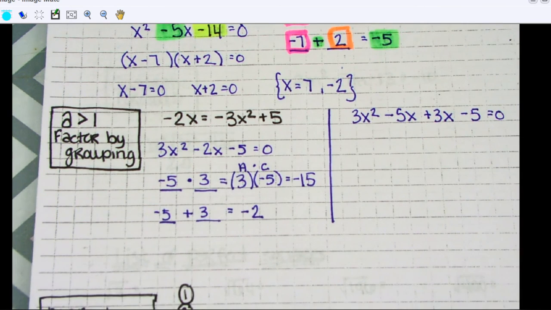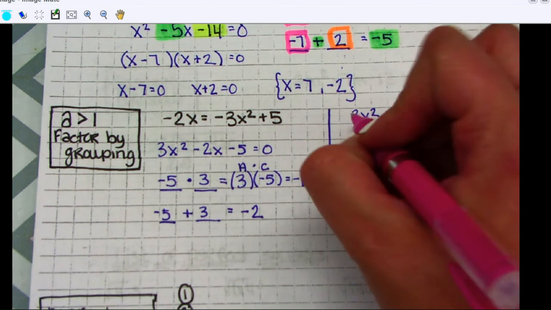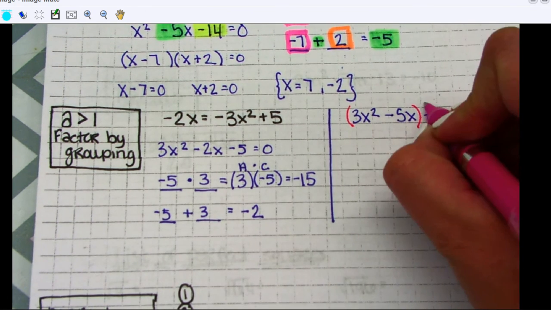So if factor by grouping is your thing and you love it, you can do it all the time. It works all the time. It just might be shorter or save you time if A is 1. Now to factor by grouping, you group the first two terms, and you group the second two.